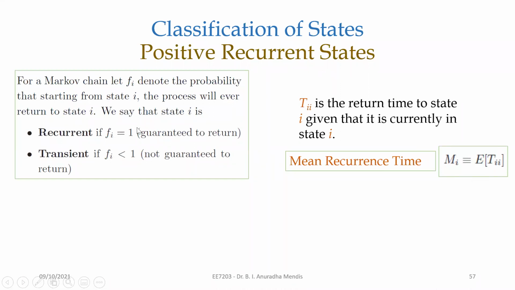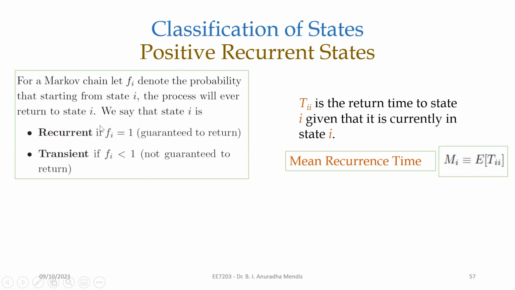This is a probability that we consider: starting from state I, the Markov chain again will come to state I with probability Fi. If this probability is 1, that means we guarantee that it will come to the same state. Then we call the state a recurrent state. But our aim is to find the positive recurrent state.